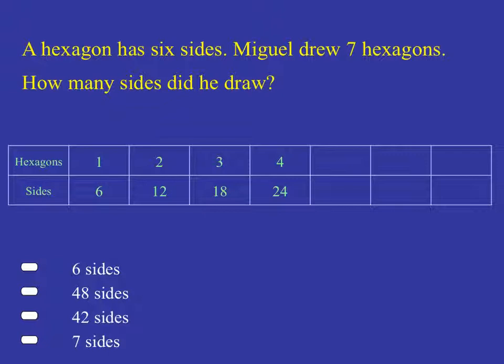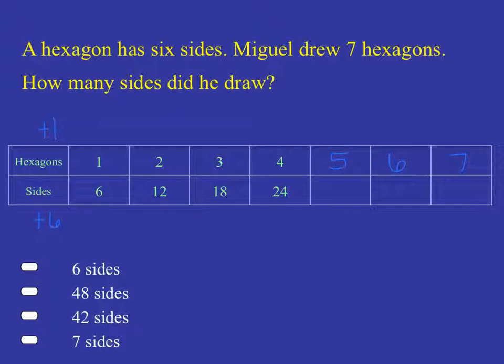So if I look at my rule for hexagons, 1, 2, 3, 4, looks like I'm just adding plus 1 each time. So this would be 5, 6, 7. If I look at the sides, 6, 12, 18, 24, I'm doing, I could say, plus 6, or we'll just go with plus 6.